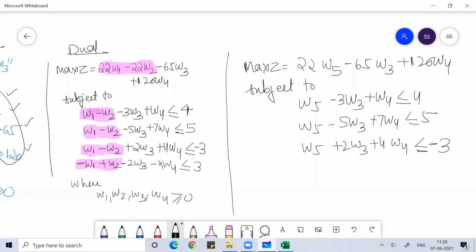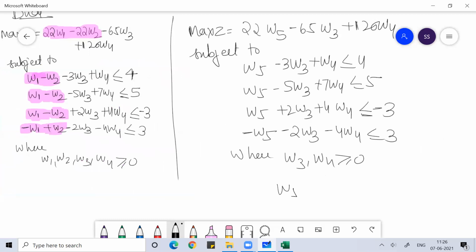This I can write as minus W5 minus 2 W3 minus 4 W4 is less than equal to 3, where W3, W4 are greater than equal to 0 and W5 is unrestricted, where W5 is equal to W1 minus W2.